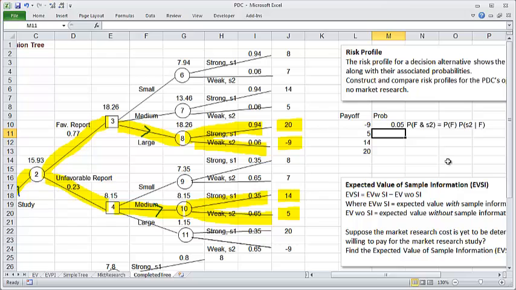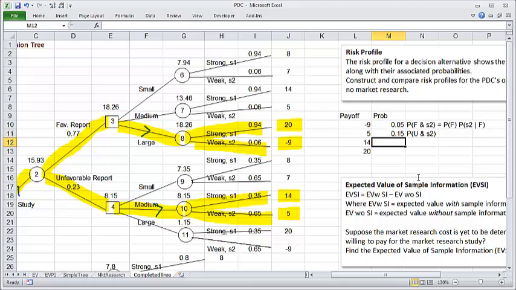And we proceed in a similar way for the other three payoffs. So for 5, unfavorable report must have occurred, and then after that, given unfavorable report, weak demand must have occurred. So that's going to be unfavorable report and weak demand. We multiply the corresponding probabilities: 0.23 multiplied by 0.65.